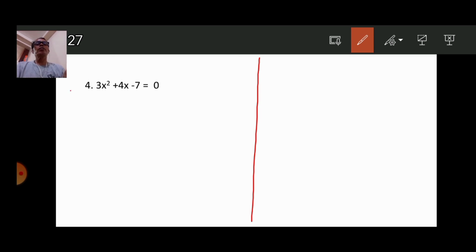So this can be factored out. Okay, the factors of 3x squared is 3x times x, and the factors of 7 is 7 times 1.